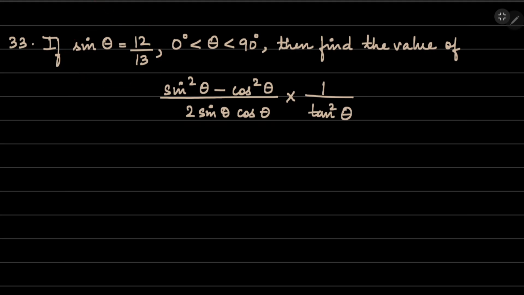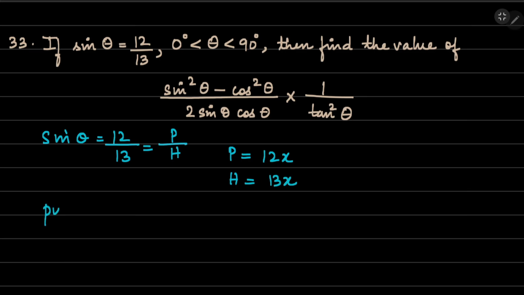Let's write what is given. From what is given, let us get the value of cos and tan. You are given sine theta is equal to 12 by 13. Sine theta is nothing but perpendicular by hypotenuse. So let your perpendicular be 12x and your hypotenuse be 13x.